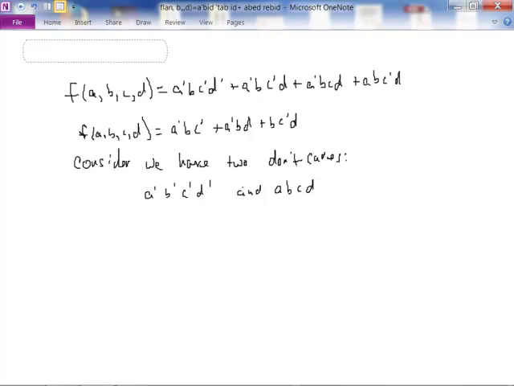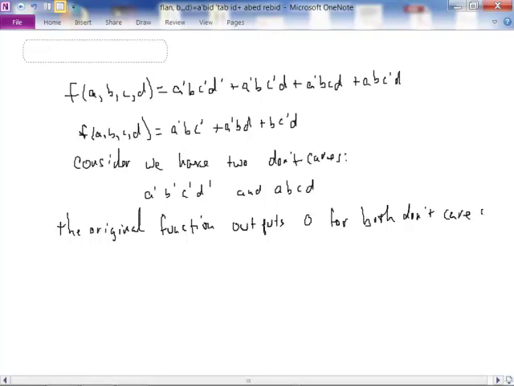However, if we want the output to be 1 for our don't care conditions, the function would look like this. So let's just say the original function outputs 0 for both don't care conditions.